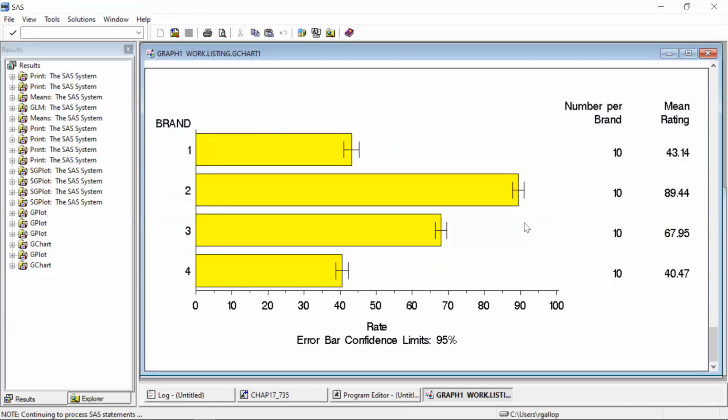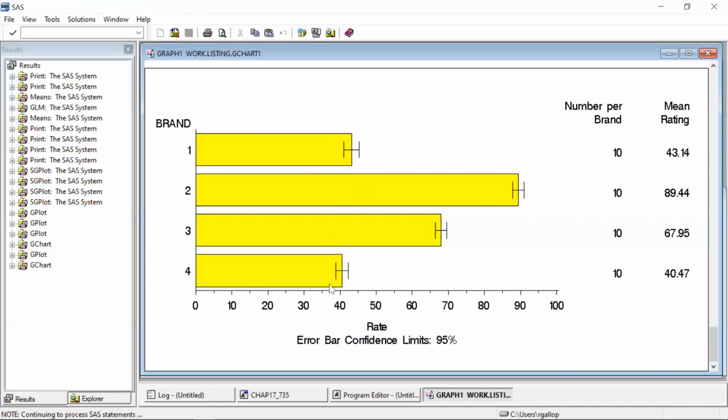Now remember, when confidence intervals don't overlap, they are statistically significantly different from each other. When confidence intervals overlap, that does not mean they are not statistically significantly different from each other. You may have a situation where confidence intervals overlap, but pairwise, they are statistically significantly different from each other.